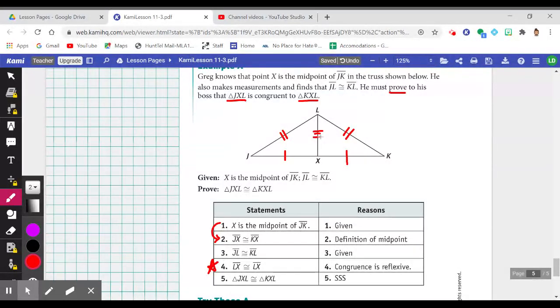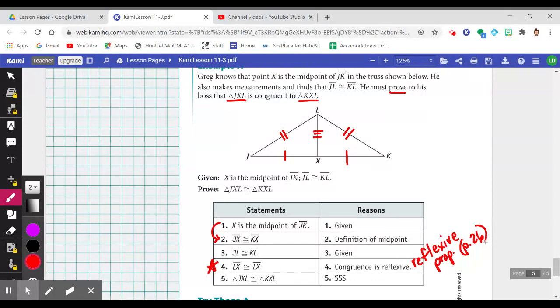Now imagine these 2 triangles, JLX and KLX, butted up against each other. One of the easiest ways to find if 2 things are the same length is to put them back to back. Well, LX is in fact congruent to itself, and it seems silly that we have to say it, but really, congruence is reflexive, or this is known as the reflexive property, which is found on page 26.